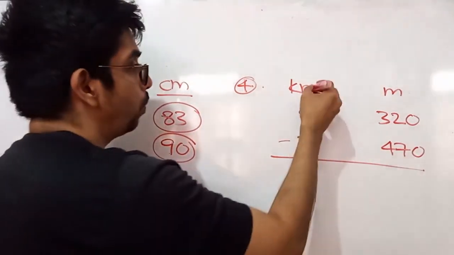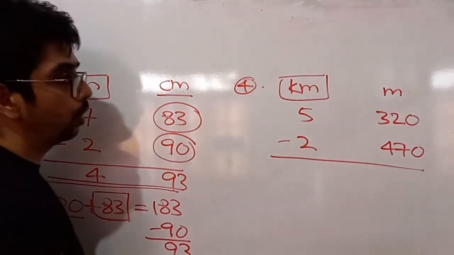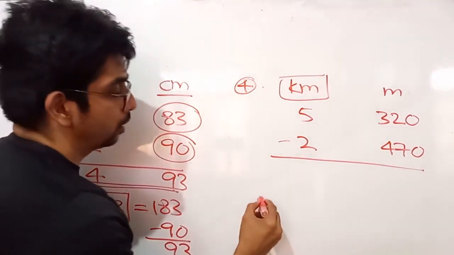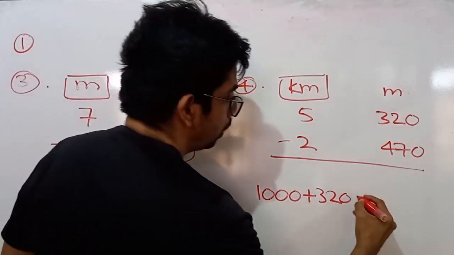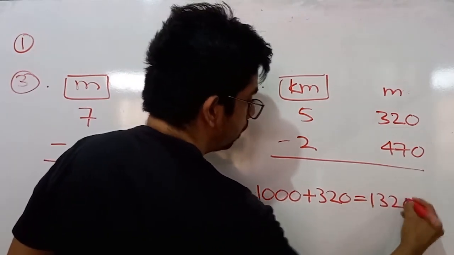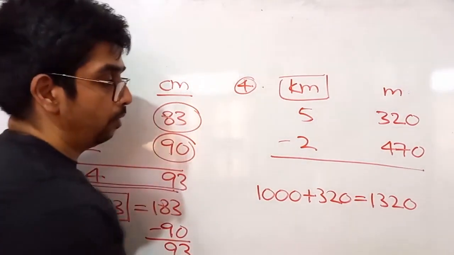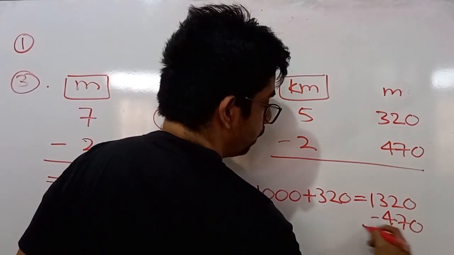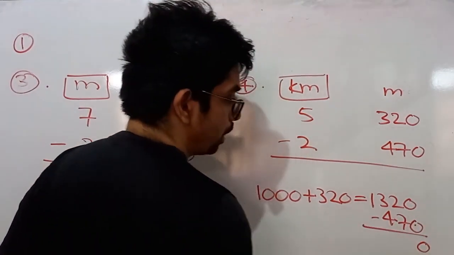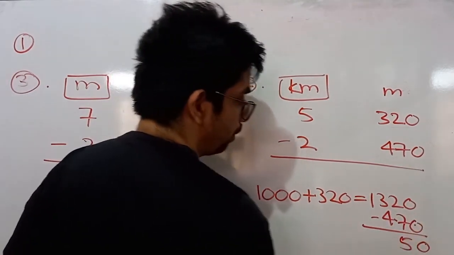So we have to borrow a 1 from the kilometer side. So what is the total amount of meters when we borrow a 1? 1000 plus 320. So that will be 1320. Now we can subtract 470 from 1320. 0 minus 0, we know that's a 0. 2 minus 7 we can't do. 12 minus 7 we know that's a 5.